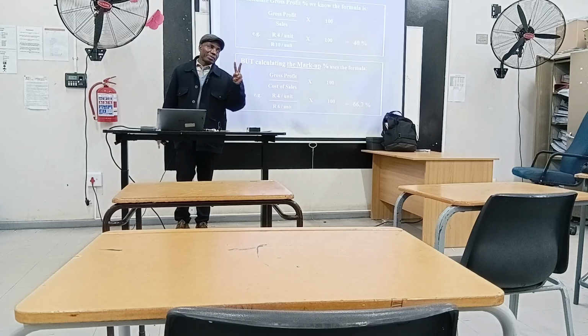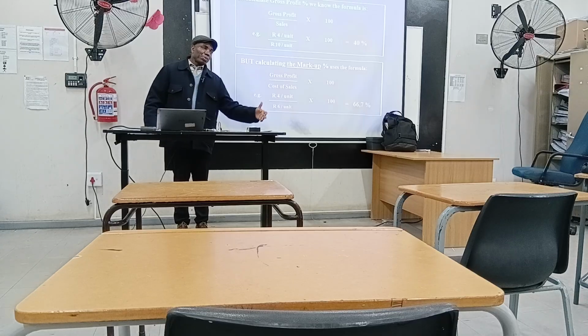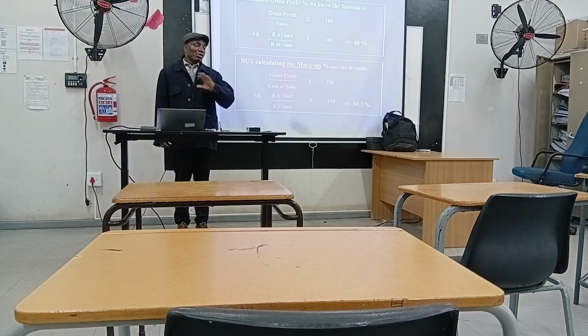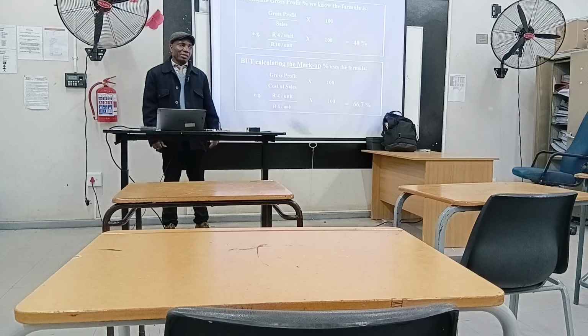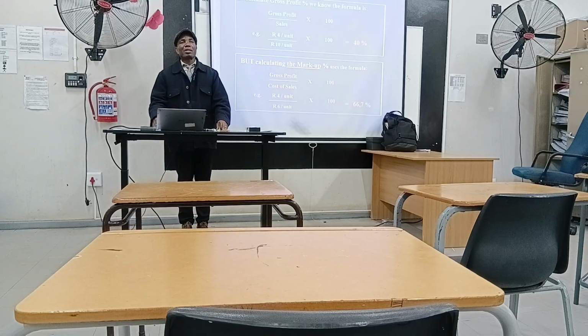There are two important concepts here we are talking about. One is gross profit percentage. It's different from markup. Gross profit percentage and markup. So how do you calculate the gross profit percentage? Listen to me carefully.